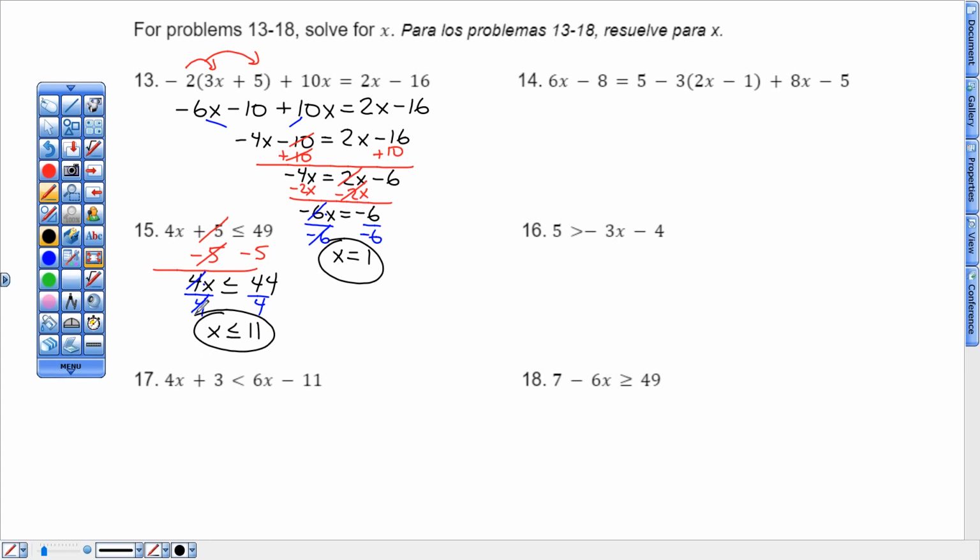All right, for this variables on both sides, start on the left, get rid of the plain number on the left. When that's gone, I'm going to get rid of the variable on the right. So first step, get rid of the plain number on the left, know my negative rules. Second step, get rid of the x term on the right.